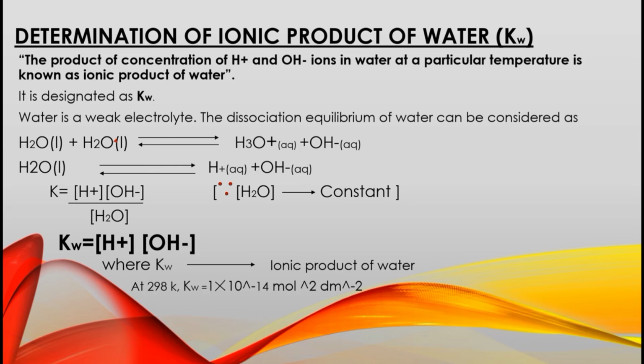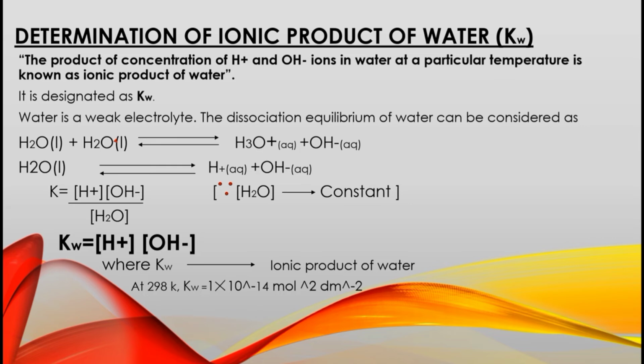The product of concentration of H+ and OH- ions in water at a particular temperature is known as the ionic product of water. It is designated as Kw. We know that water is a weak electrolyte.